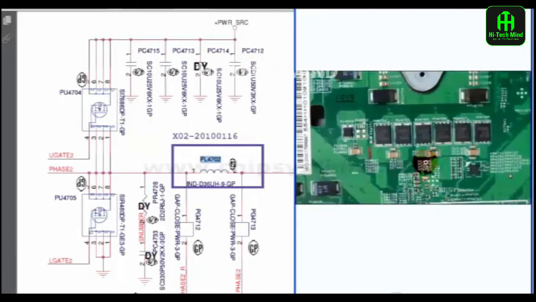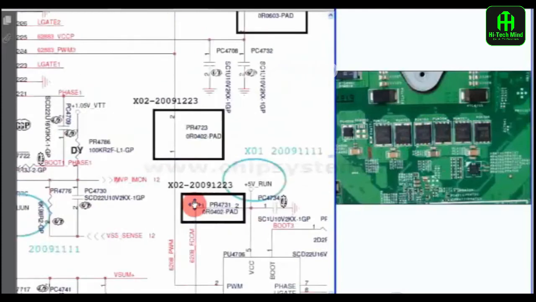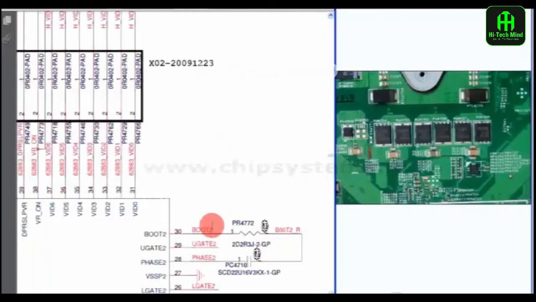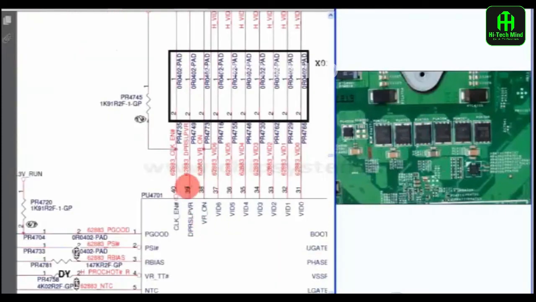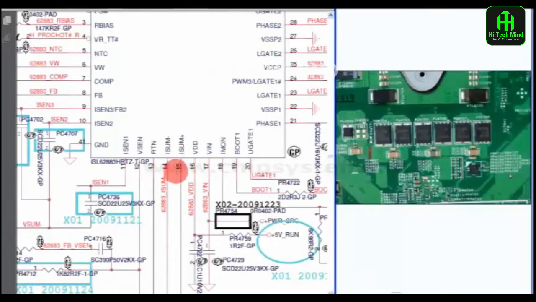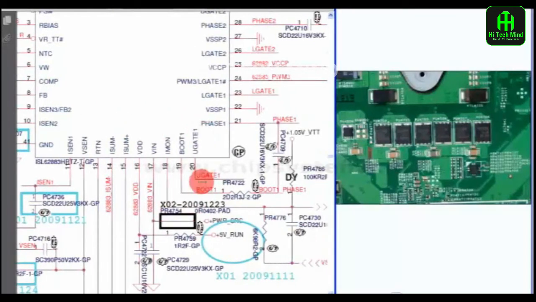The phase 1 and phase 2 MOSFETs: there are 4 MOSFETs, PU4702, PU4703, PU4704, and PU4705. All MOSFET gate driver signals come directly from the CPU core power supply IC. That means integrated MOSFET gate driver.